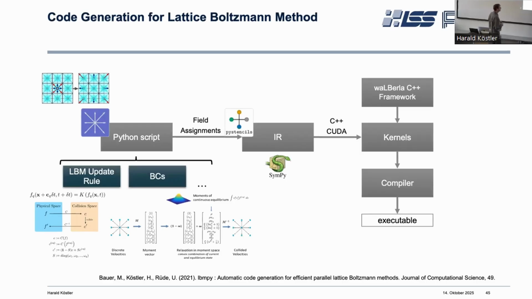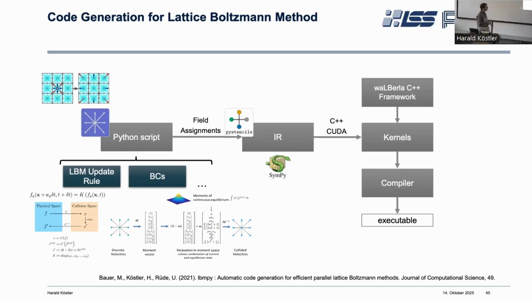Our code generation pipeline looks like that. We have basically 2 Python packages. One Python package is called LBMPy, the original publication being from Martin Bauer. It is basically a Python library that supports many of the current lattice Boltzmann variants and methods, and we are able to generate kernels for these methods from a high-level representation.